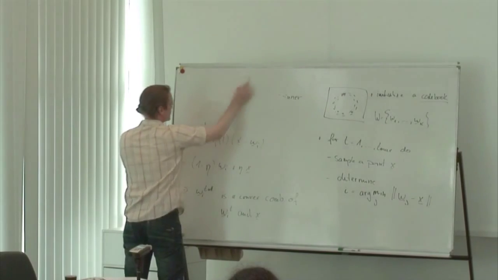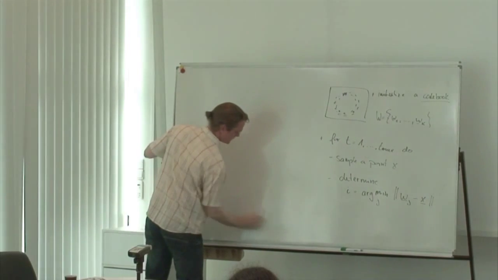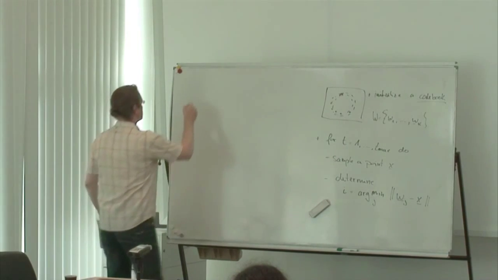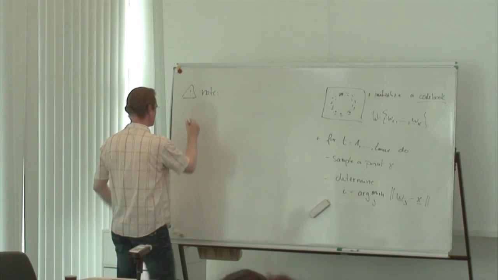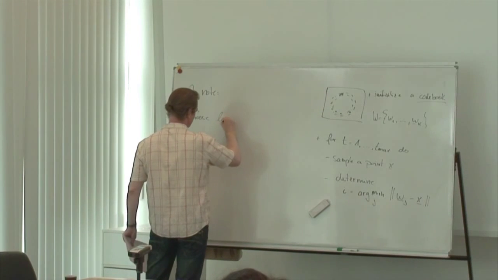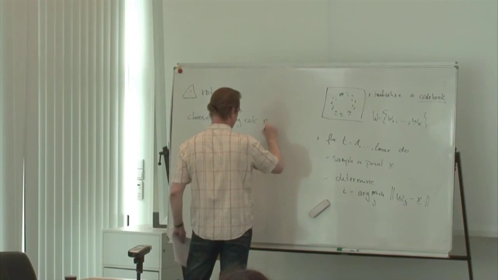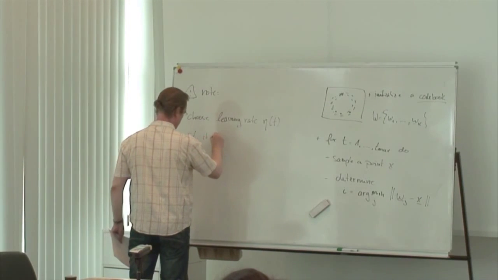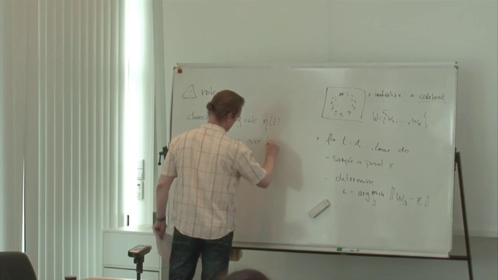Well, let me elaborate on that T. I note that one should choose, and now here is a fancy term, the learning rate, this eta of t, such that it decreases over time.